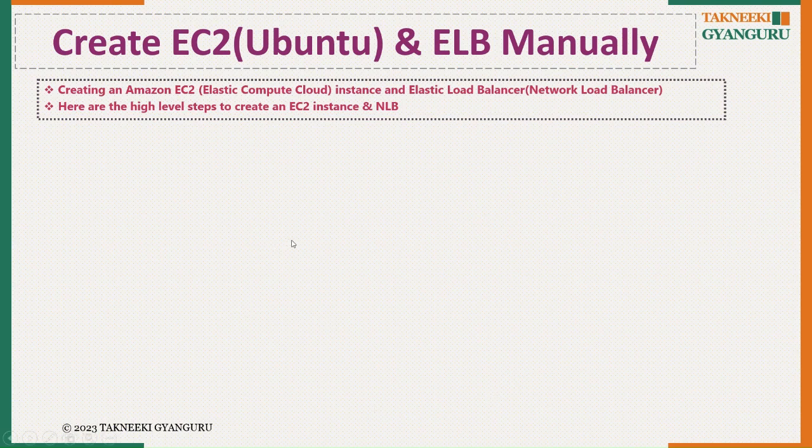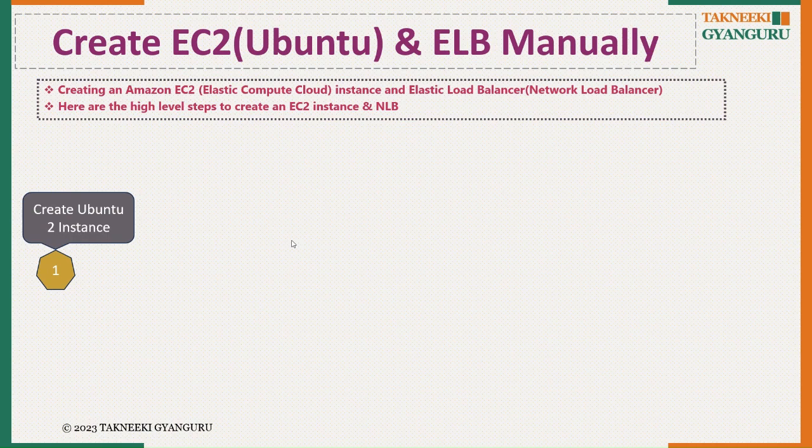For these steps to build an EC2 instance and elastic load balancer, we would also require some application inside the Ubuntu box so that we can access the application through the load balancer. So let's understand first how we can do this. The high level steps: we will create two EC2 instances, with Ubuntu as the operating system.